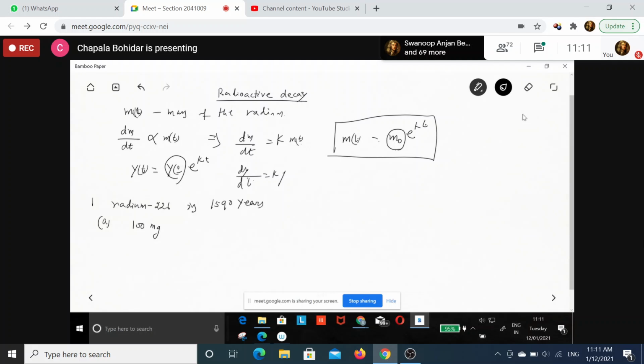Okay? Find a formula for the mass of the sample that remains after t years.